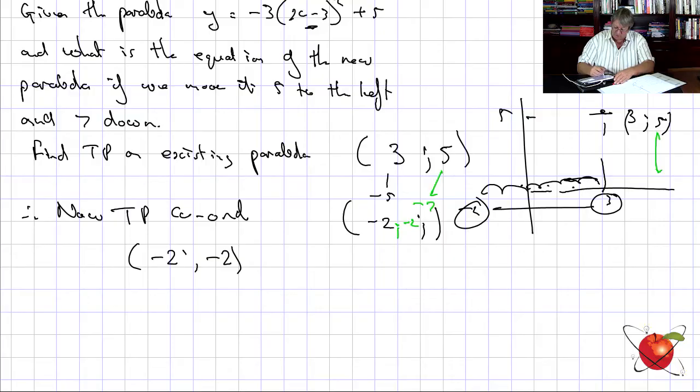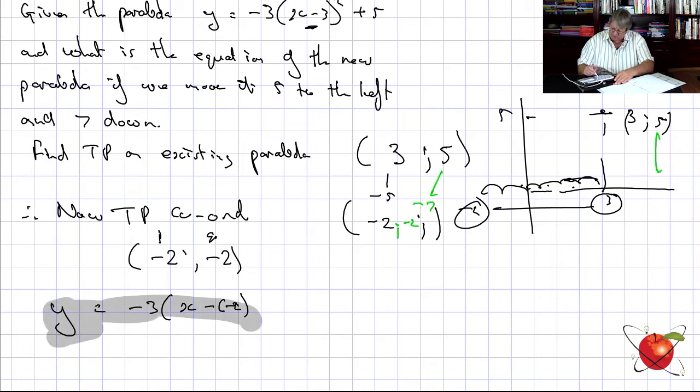Then you back substitute that into the turning point formula. Y is equal to, and I think we had a minus 3 times x minus P, Q, X, Y. P is minus 2. Remember, back substitute into the standard form. Let me rewrite this.